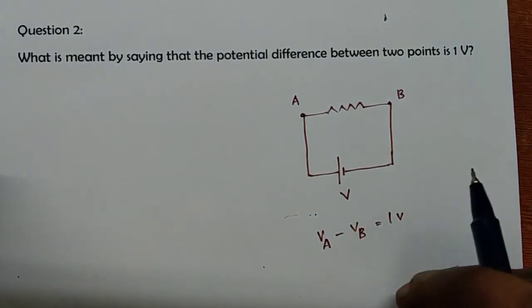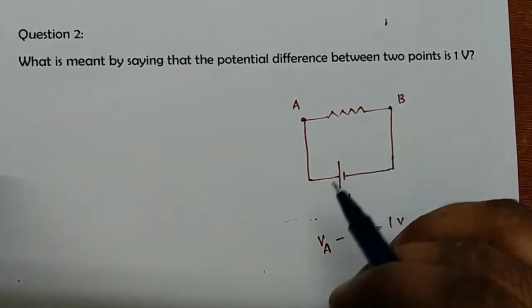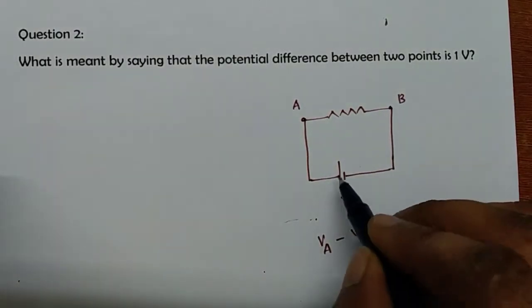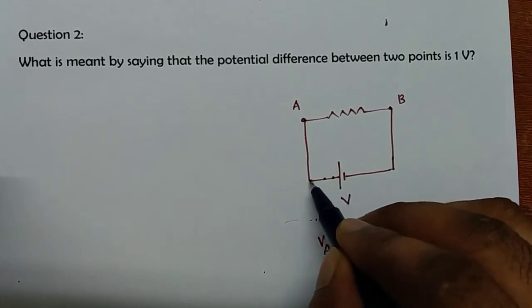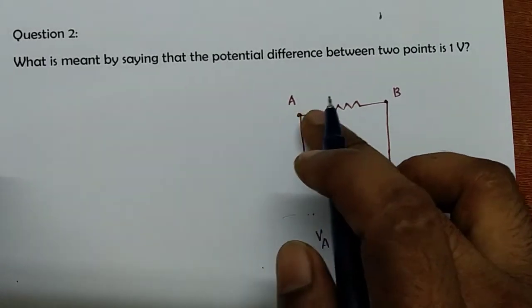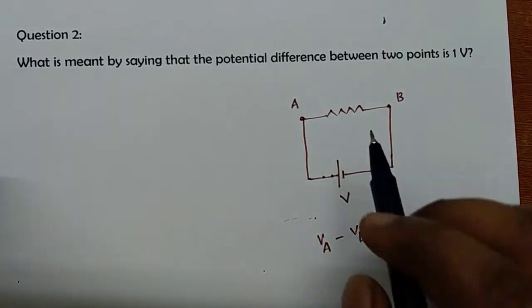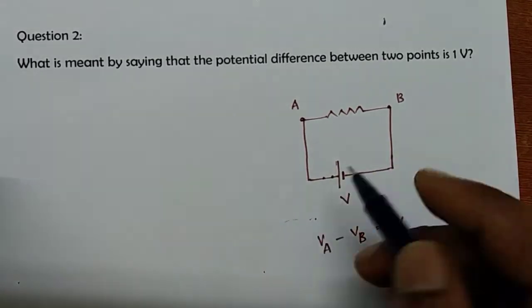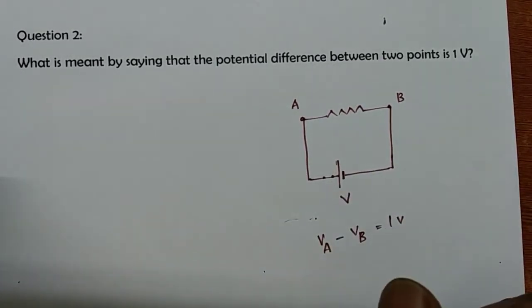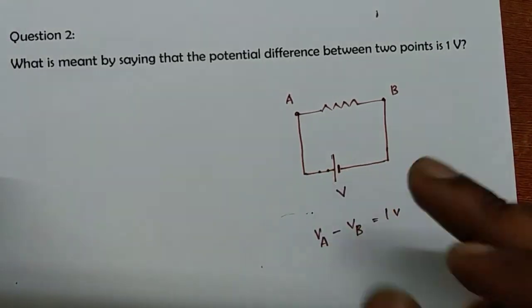It means this battery needs to do some work for moving charges. Here the positive charges get repelled, they move on like this, and they are attracted by the negative side of the battery. So the positive side pushes and the negative side pulls, always pushing and pulling like this.